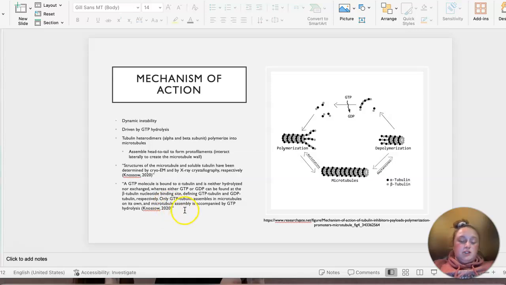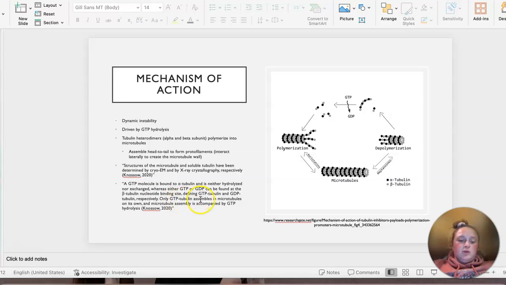A GTP molecule is bound to an alpha tubulin and is neither hydrolyzed nor exchanged, whereas either GTP or GDP can be found in the beta tubulin nucleotide binding site, defining GTP tubulin and GDP tubulin respectively.